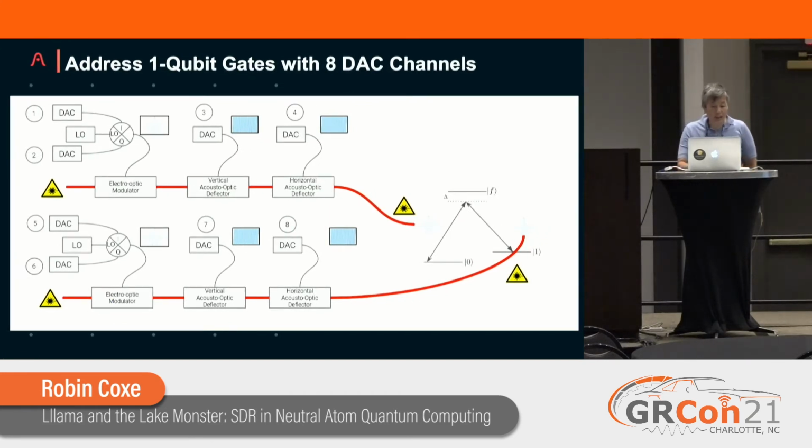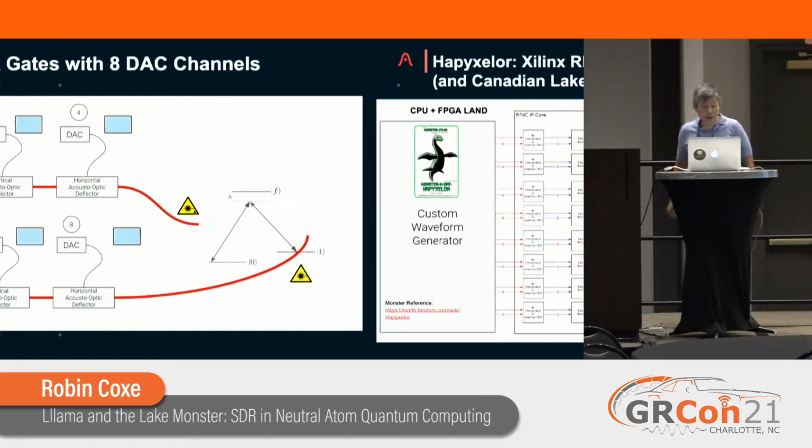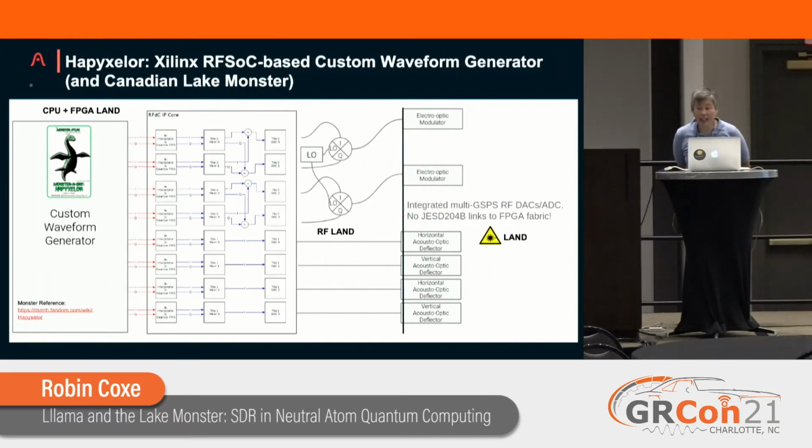So again, we're addressing 1-qubit gates, and we need 8 DAC channels. So very conveniently, there are 8 DAC channels in an RFSoC. Our system includes an RFSoC and some Marki mixers for up conversion for the electro-optic modulator channels for the 2 legs of the 1-qubit gate.